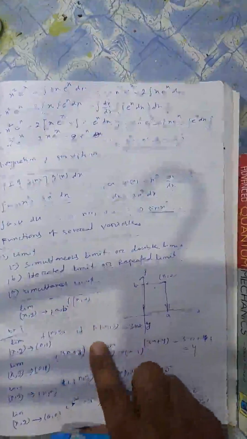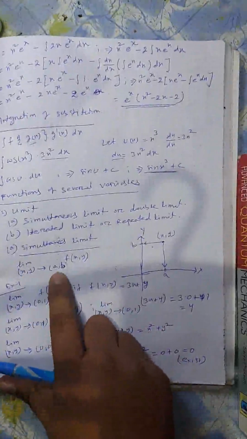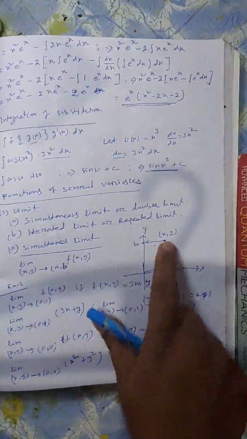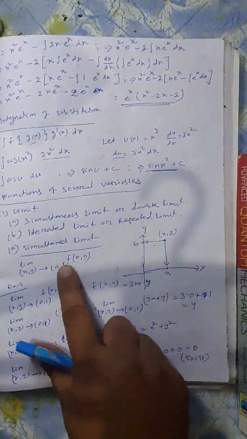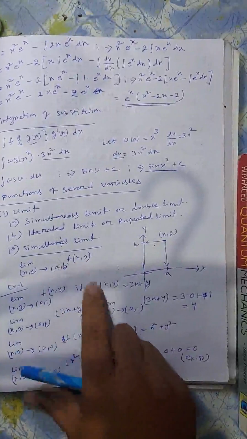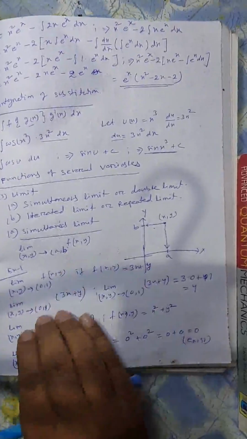Simultaneous limit, that we know: limit (x,y) tends to (a,b), that means x tends to a and y tends to b, for any function which has two variables x and y. So we consider here only two variables.